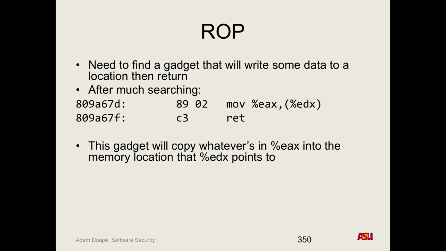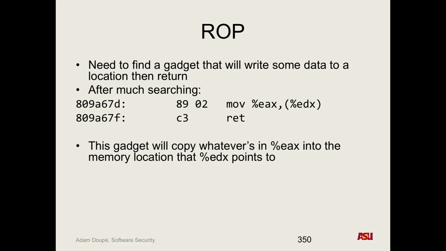So this gadget will copy whatever's in EAX into the memory location that EDX points to. We're going to use this as our first, so this is called a write-what-where gadget. As long as we can control EAX and EDX, we can put the string /bin into wherever .data was, and then start executing this gadget, and then we'll write /bin at that memory location.